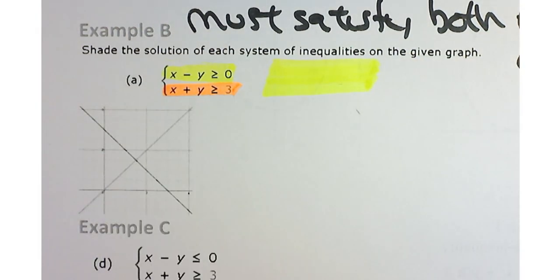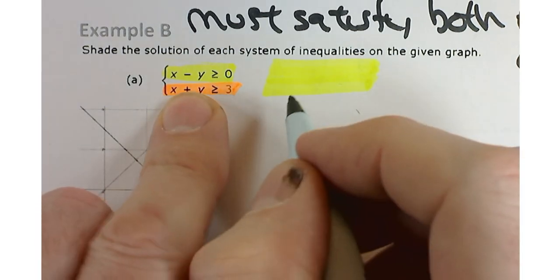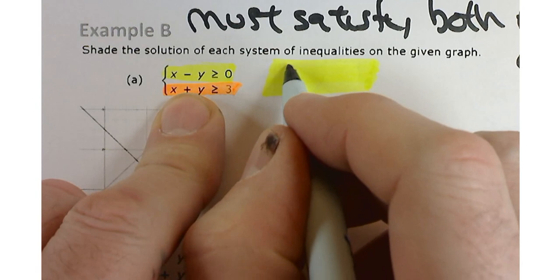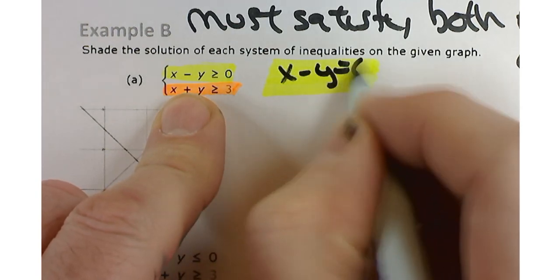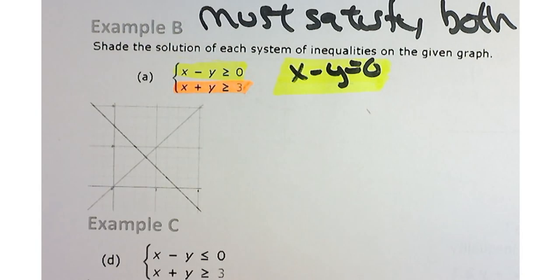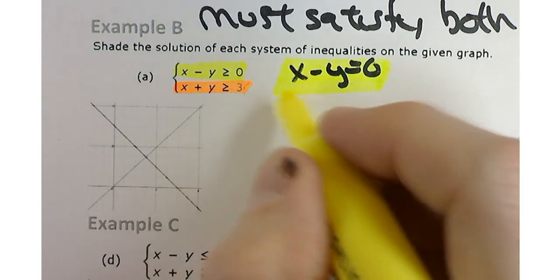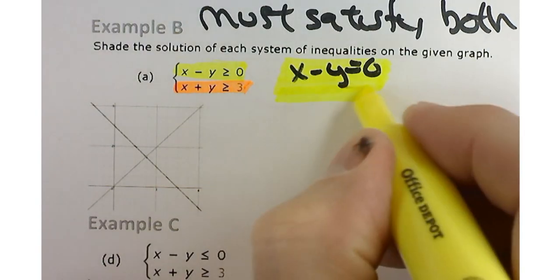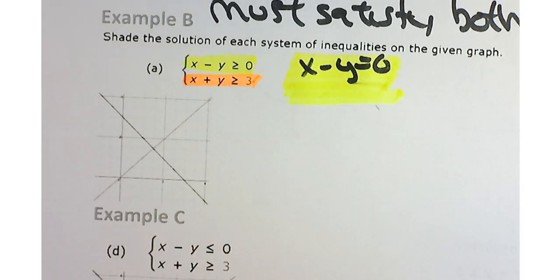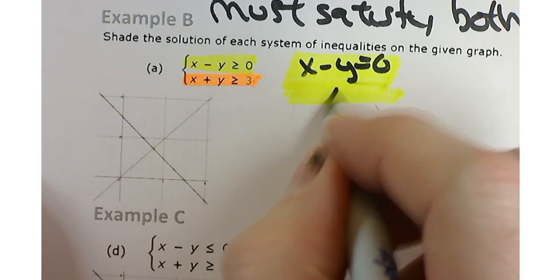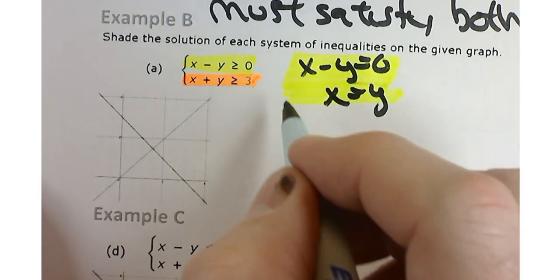You're going to start out by graphing the equation that corresponds to this. So what corresponds to this is x minus y equals 0, or x equals y. And from there you can come up with the graph, x equals y.